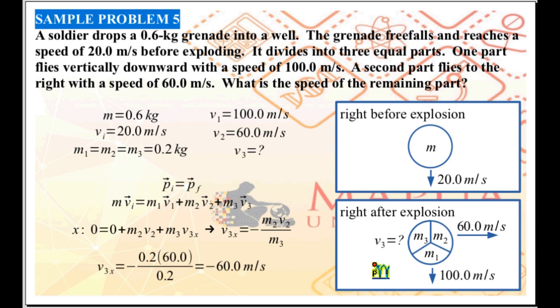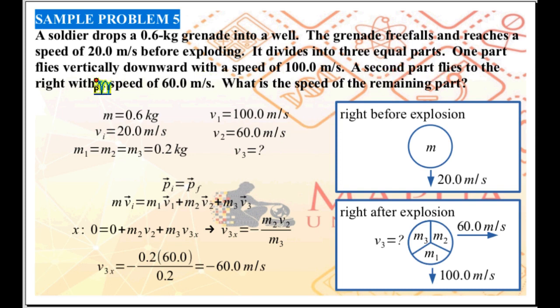The problem tells us that one part flies vertically downward with a speed of 100 meters per second. So let that be M1. M1 flies downwards with a speed of 100 meters per second. So let that be the final speed for fragment 1. V1 is equal to 100 meters per second.